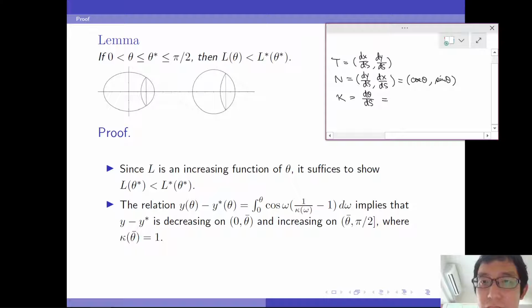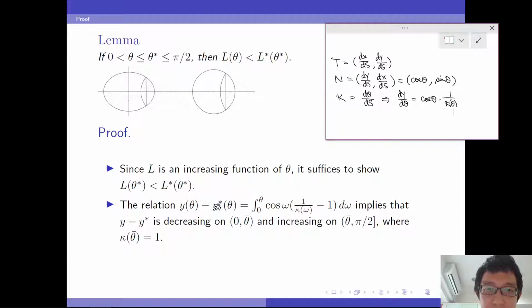Therefore, putting these together, we know that dy/d theta equals dy/ds times ds/d theta. So this is cosine theta times 1 over kappa of theta. So from here we know that y of theta, the y coordinate or the height at angle theta, is equal to the integral of cosine divided by the curvature.